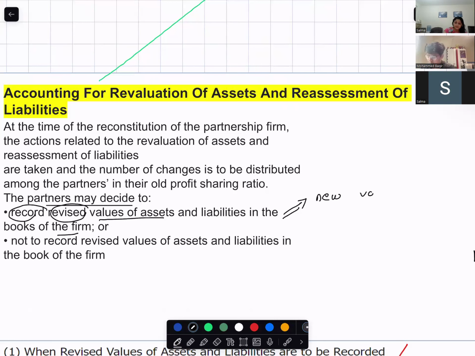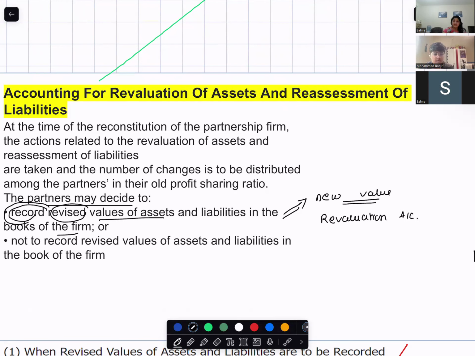Revised value means new value. The new value will be recorded in the books. So in this case, your new balance sheet will be at new value. The partners will decide that they want to make the new balance sheet at new value. So when they decide this, you have to prepare a revaluation account.